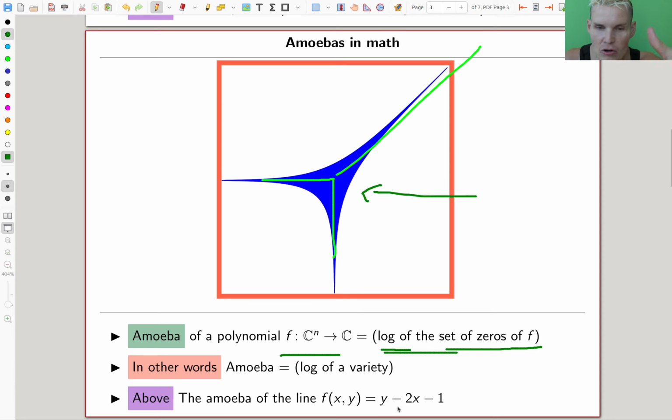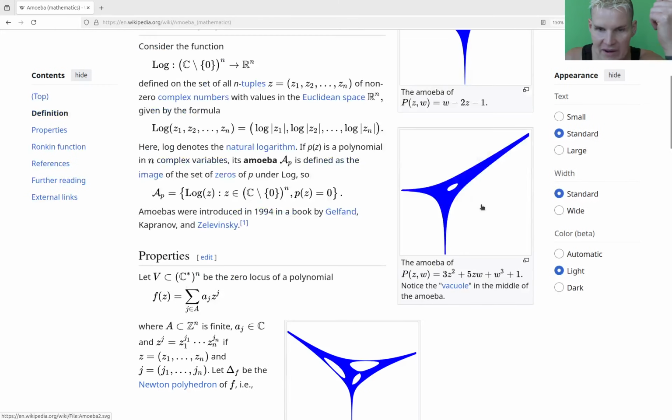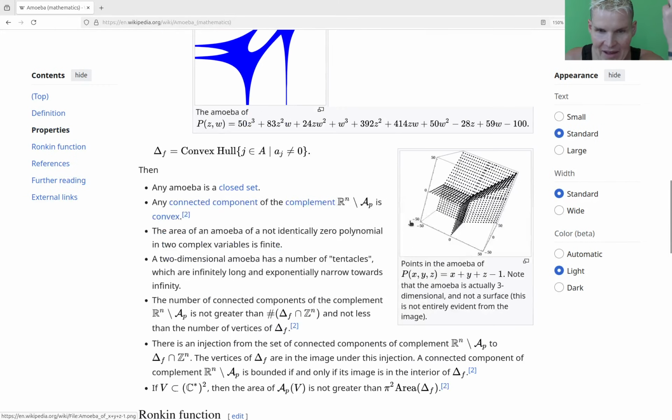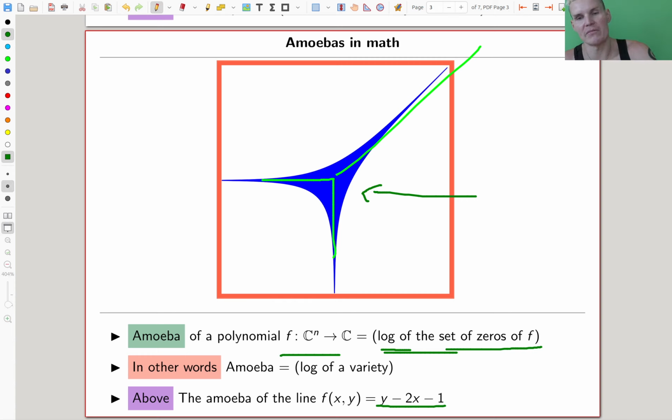So the log of the zeros of a polynomial are those amoeba-type objects, all of these that look like that and that and that. So the log of a zero set of a polynomial is one of those funny sets, and it's fun that it already looks like a tropical variety.